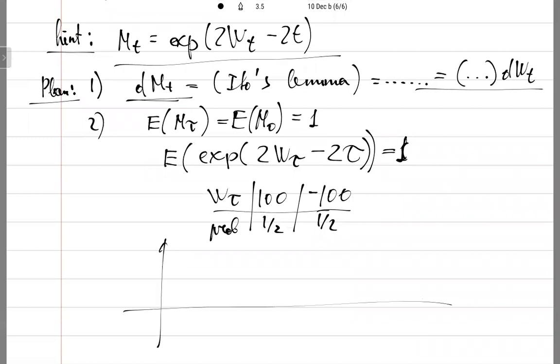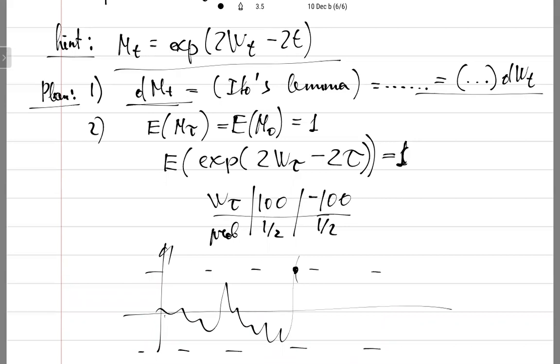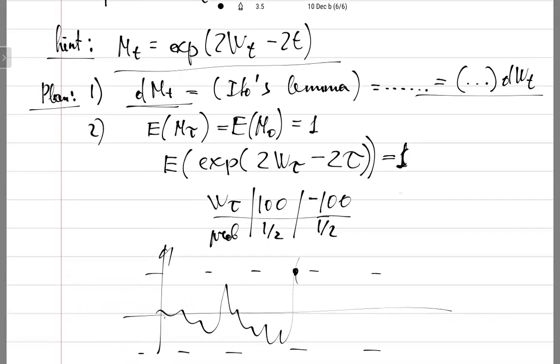If you have two borders, you hit one border with probability 1/2 and the second one with probability 1/2. If you know the moment tau, it gives you no clues whether the upper border or the lower border was hit. So they are independent.